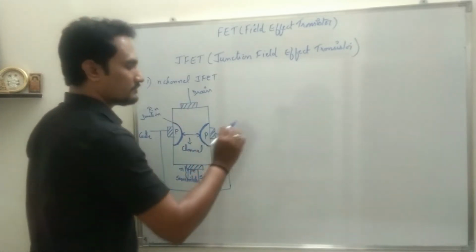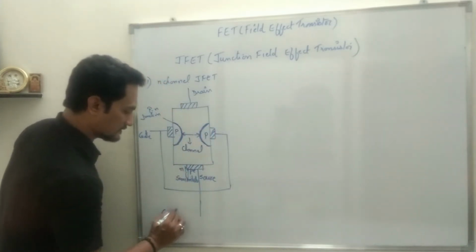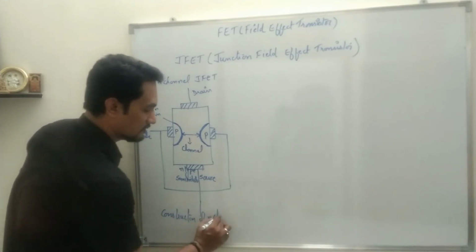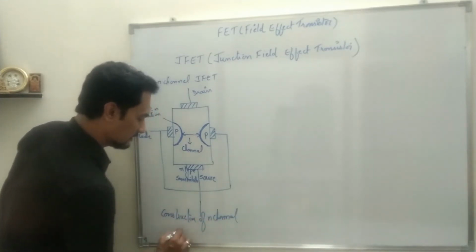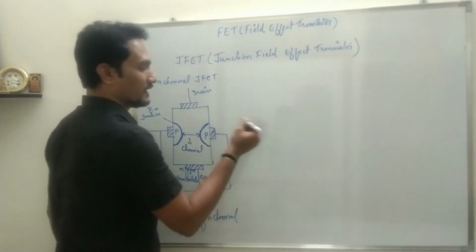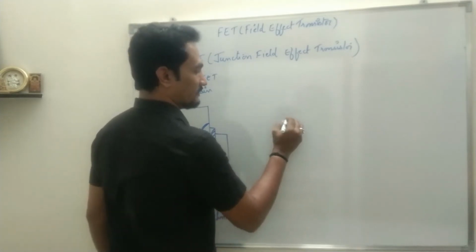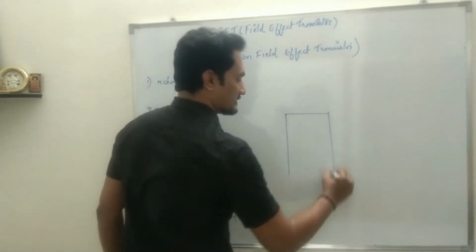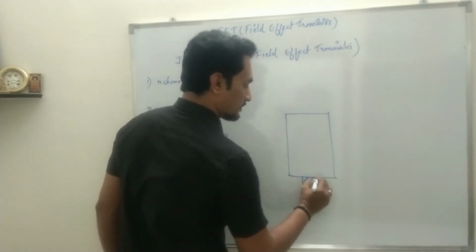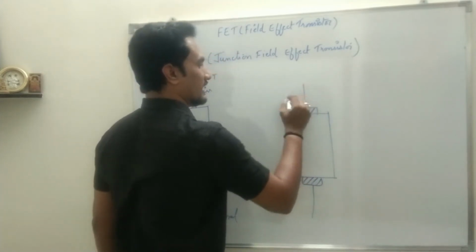This is the construction of the n channel JFET. Now let us understand the working of the n channel JFET. Again let us take an n-type semiconductor. The two terminals which we take out are called source and drain.